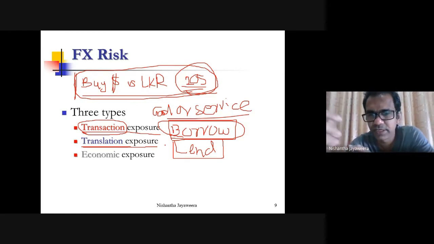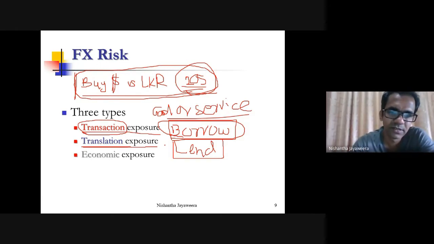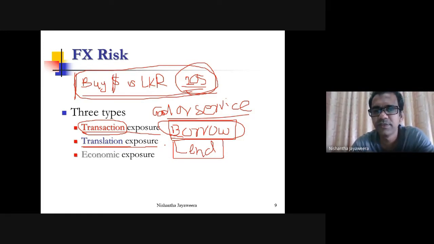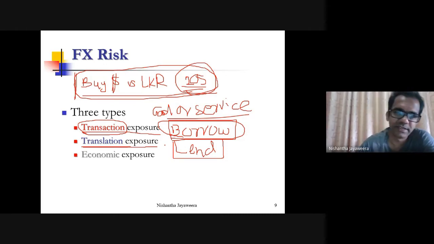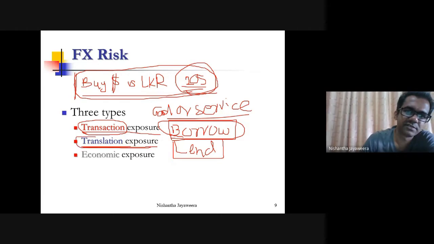But once you settle it, that risk is gone. That is no longer there. But still in your books, there will be an asset or a liability in foreign currencies. With the exchange rate changes, the value of that asset or the liability in local currency terms will change continuously. That is the translation risk or the translation exposure.